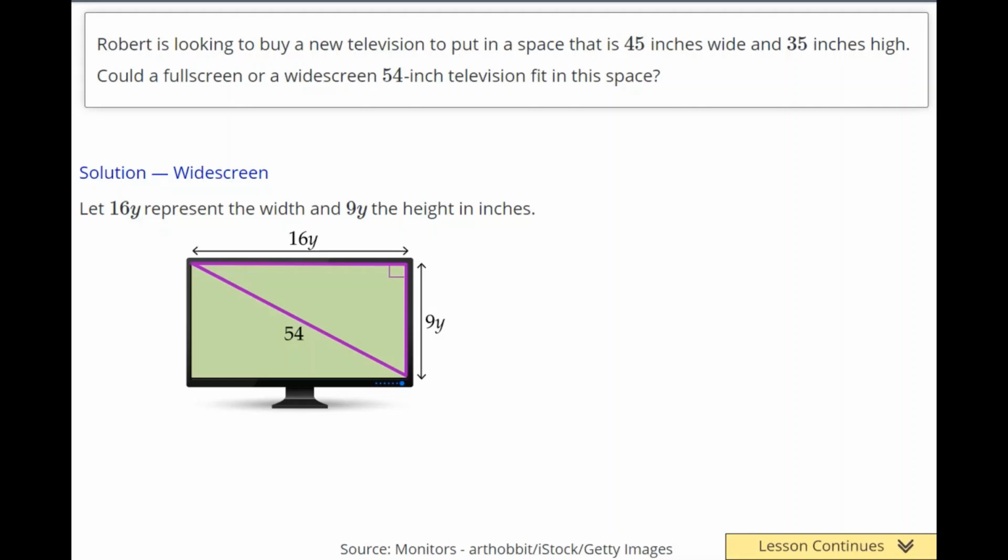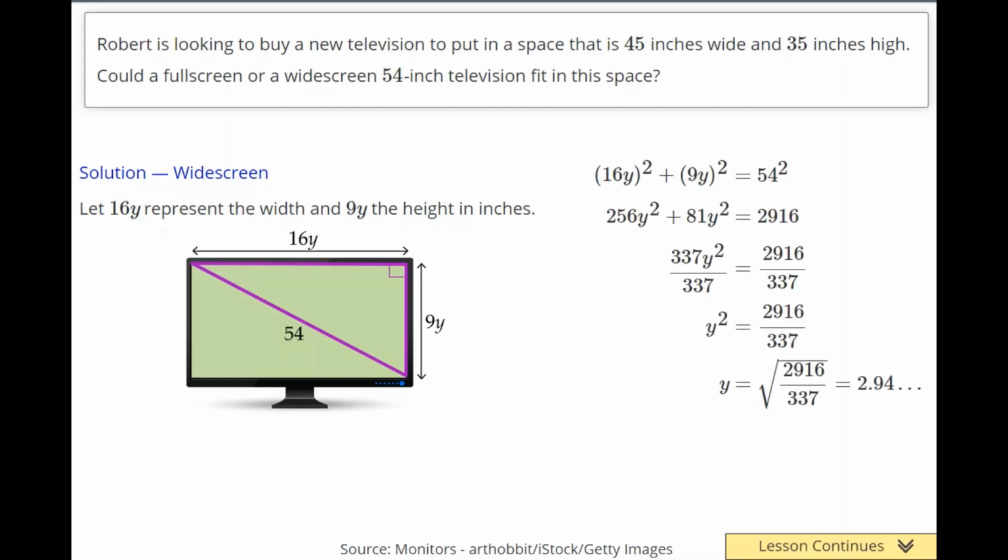So if we imagine again the right triangle on the screen, the hypotenuse will be 54 inches, but the lengths of the two legs will be 16y and 9y inches respectively. And using the Pythagorean theorem, we'll get 16y all squared plus 9y all squared equals 54 squared. Now I'll leave you to do the calculations and work out the value of y.